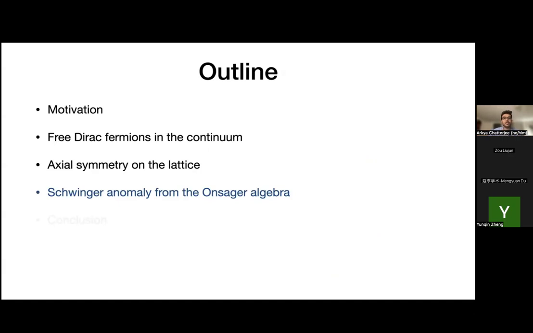Okay. Let me see if there are any questions before I move on to the anomaly matching discussion. Can you explain what this axial charge looks like in the spin model under the Jordan-Wigner transformation?